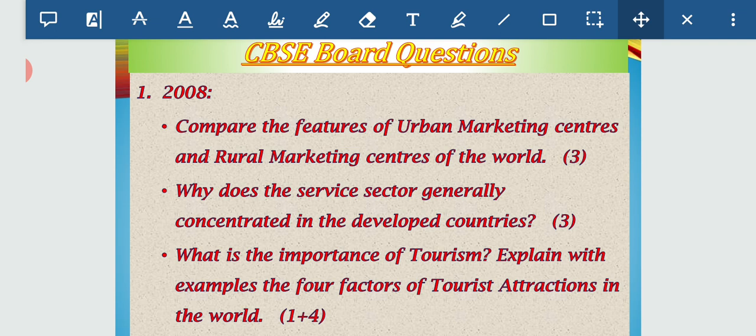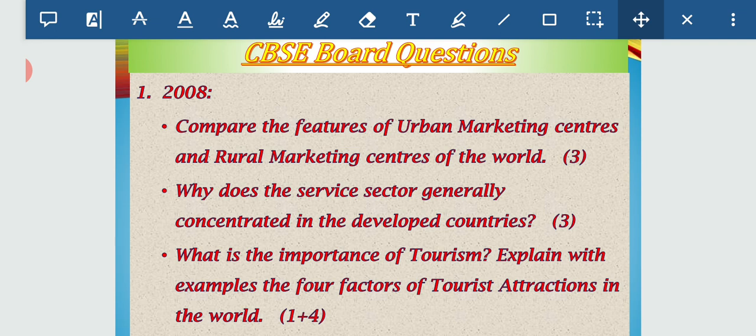Now the next question: why is the service sector generally concentrated in the developed regions? The service sector is one of the most productive and increasing sectors in the world. As I discussed in the previous NCERT, it includes lots of activities like selling, that is trading activities, transportation activities, and various other services.